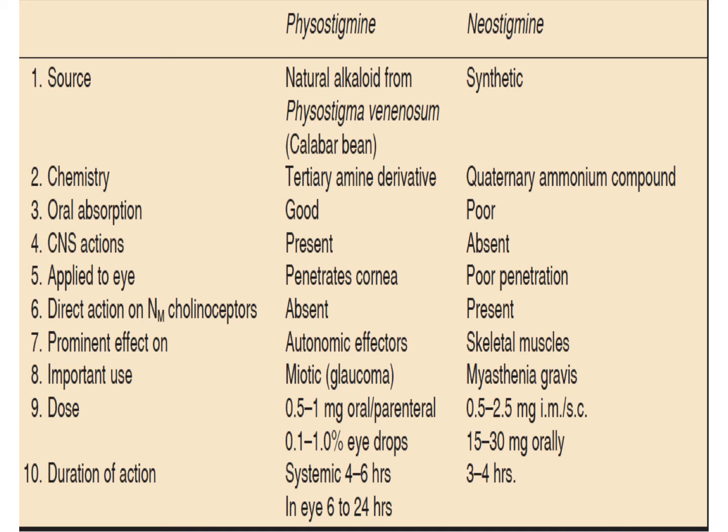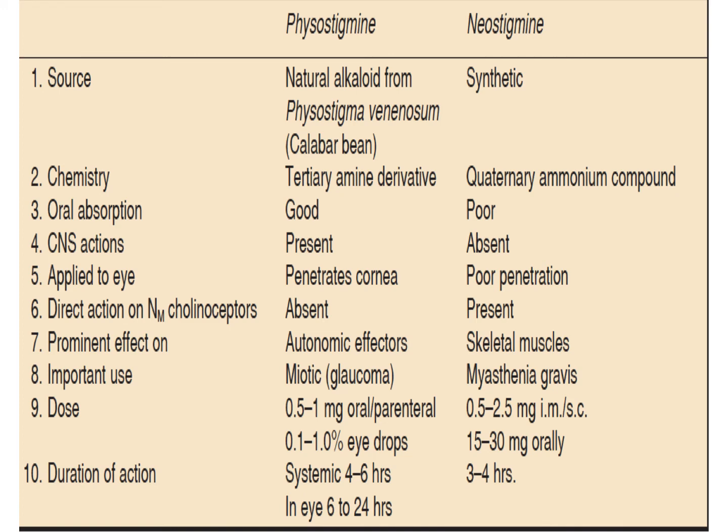Oral absorption is good with the physostigmine, whereas neostigmine is poorly absorbed orally. When applied to the eye, the physostigmine penetrates the cornea, whereas the neostigmine does not. The prominent action of physostigmine is on autonomic effectors, whereas the neostigmine has its prominent action on skeletal muscles.